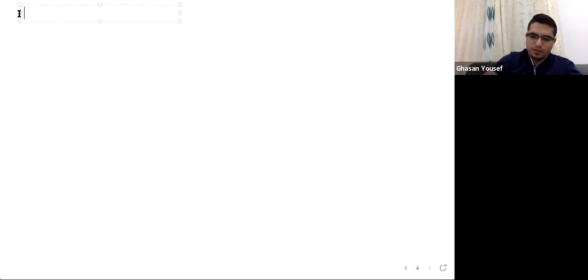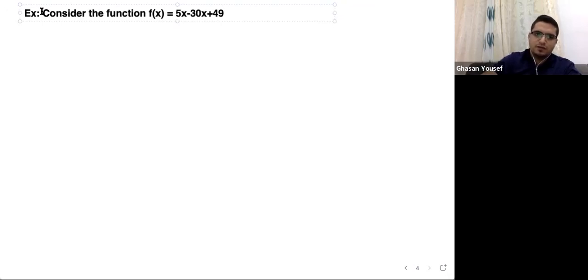So my question, example here: consider the function f of x equals 5x squared minus 30x plus 49. This is my quadratic function.